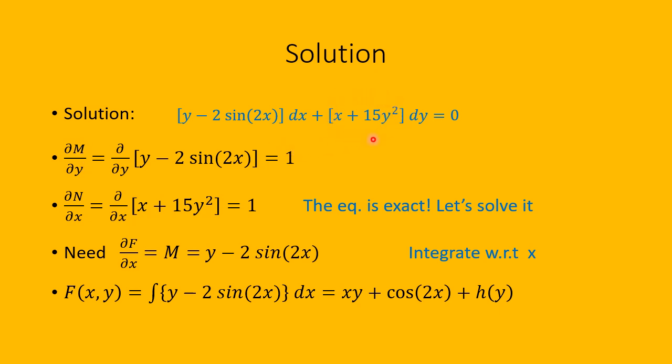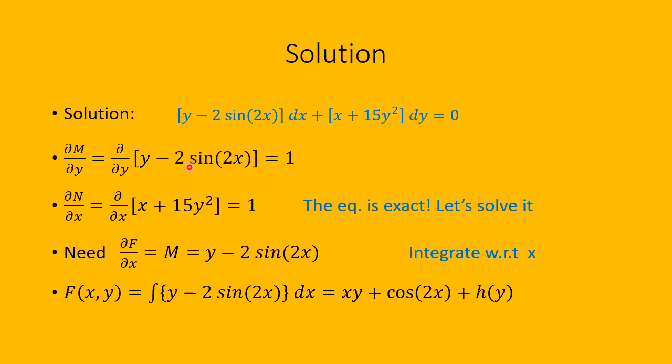Similarly, let's consider N of x, y, which is x plus 15y squared, and let's differentiate that with respect to x. The derivative with respect to x of x plus 15y squared is 1 plus 0, which is 1. So these two partial derivatives are equal.